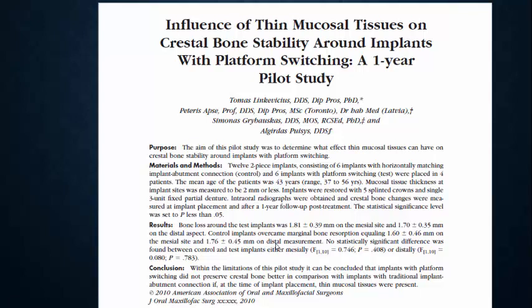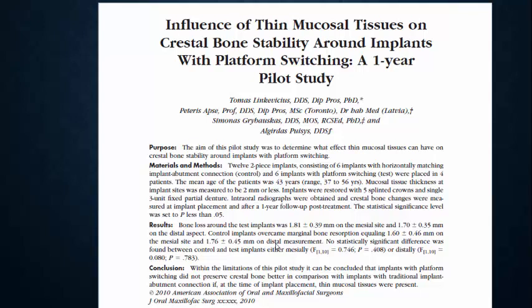So despite we have a platform switch, as we know, the platform switch should minimize the bone loss, but if we have a thin biotype, it will not have any effect. So there will be some bone loss. So with the limitation of this pilot study, it can be concluded that the implant with a platform switch didn't preserve the crestal bone better in comparison with the implant with the traditional implant abutment connection.